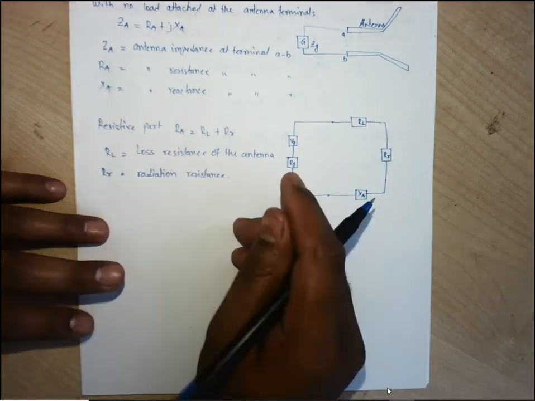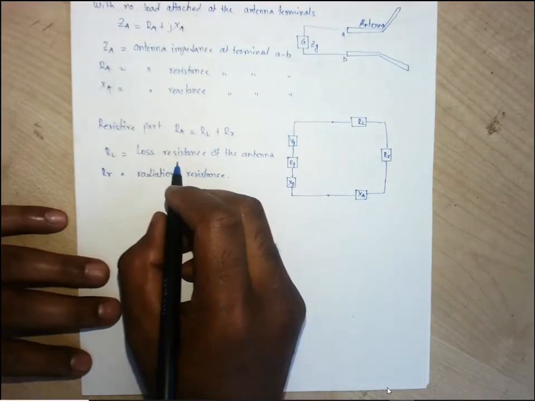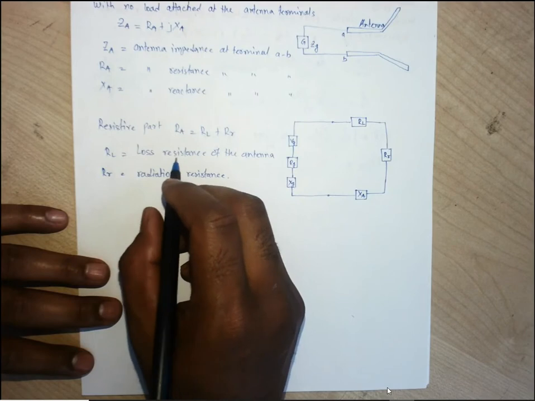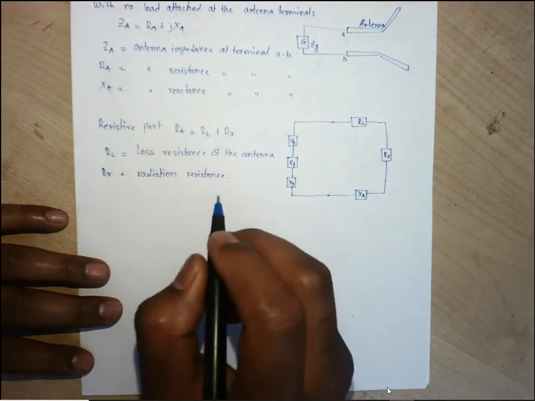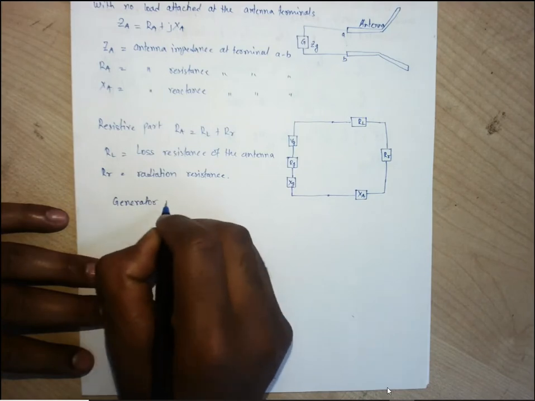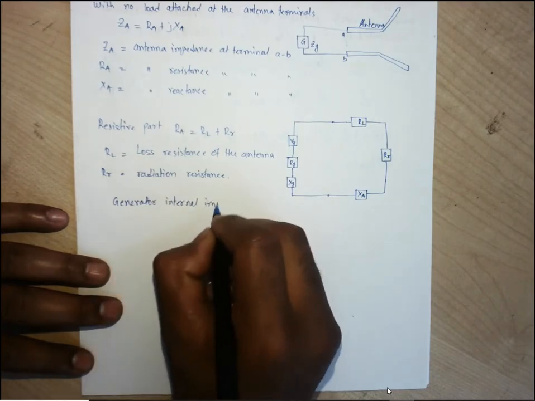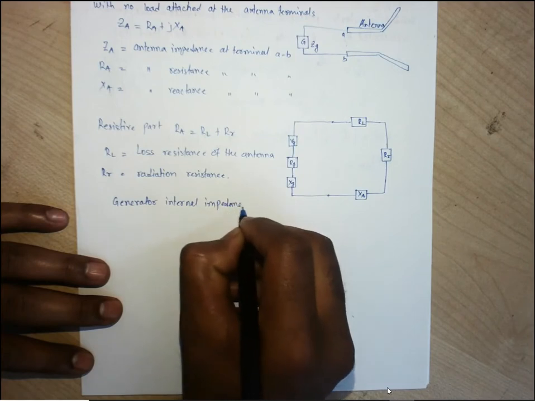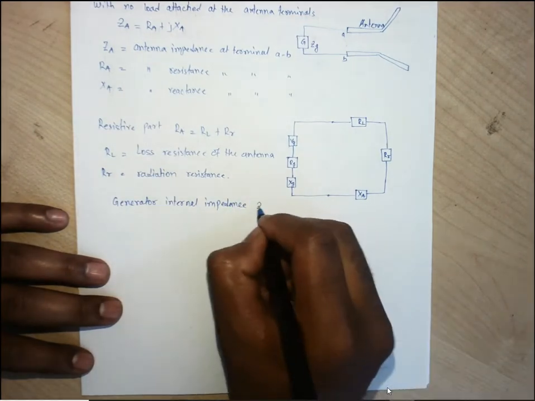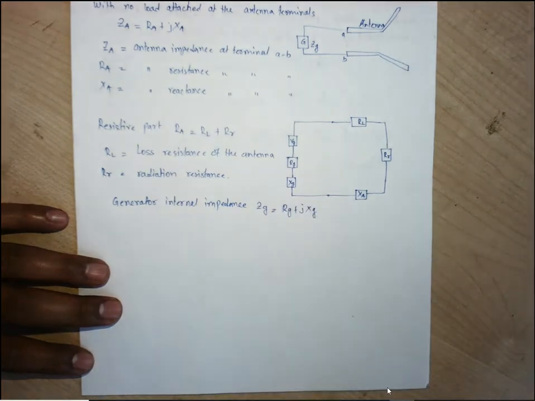Okay. Now let us assume that the antenna is attached to a generator with internal impedance Zg. Generator internal impedance Zg is equal to Rg plus j Xg.